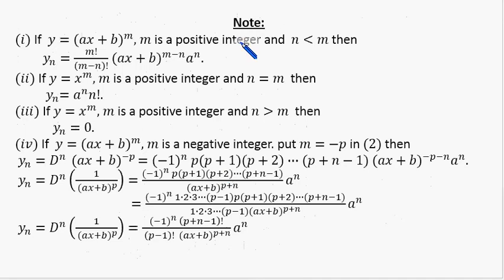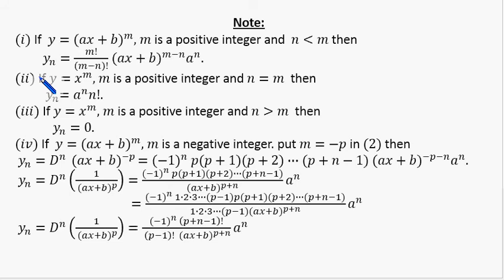So here also note that if y is equal to (ax plus b) whole to the power of m, where m is a positive integer and n is less than m, then the nth order derivative of (ax plus b) whole to the power of m is m factorial divided by m minus n factorial into (ax plus b) whole to the power of m minus n into a to the power of n.